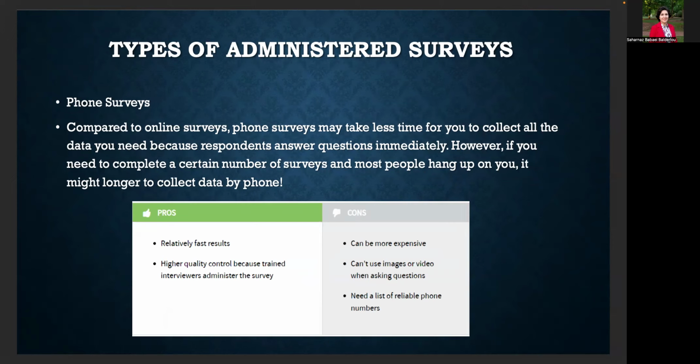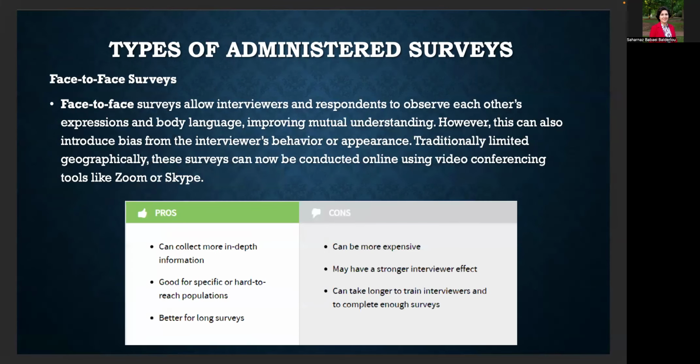Phone surveys often provide faster responses since participants answer immediately. However, many people screen unknown calls or hang up quickly, making data collection slower in practice. And the face-to-face surveys allow the interviewer and respondent to read facial expressions and tone.